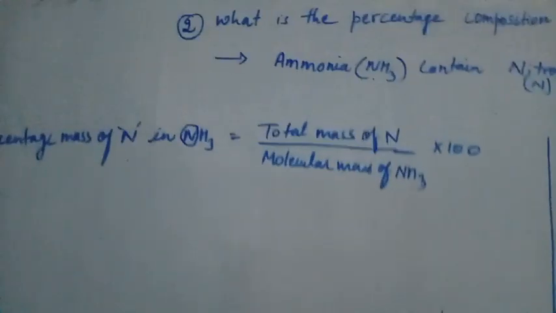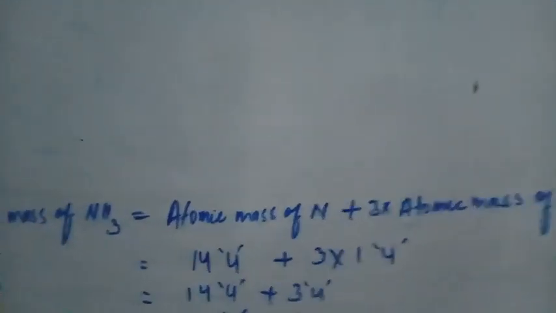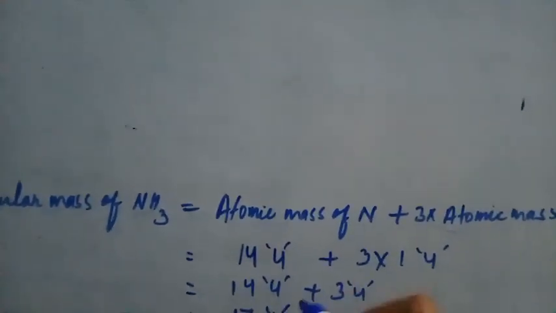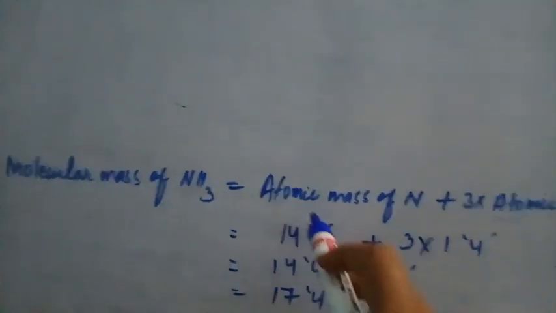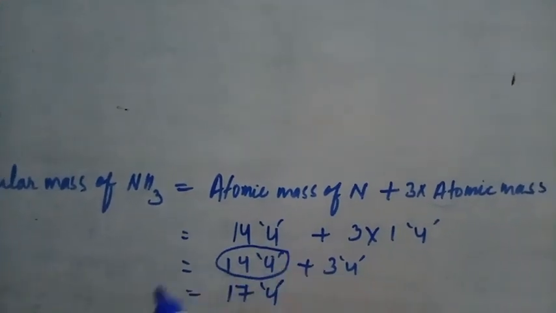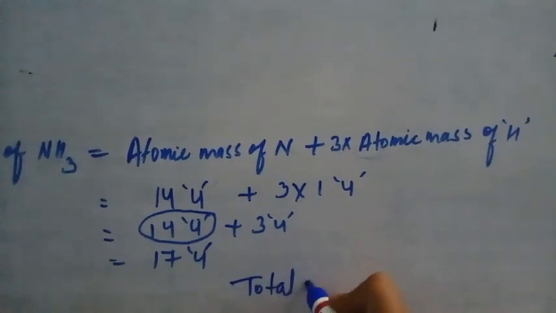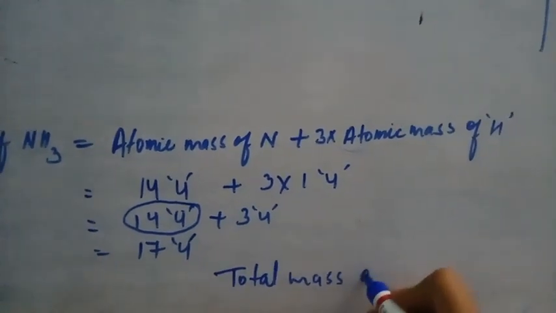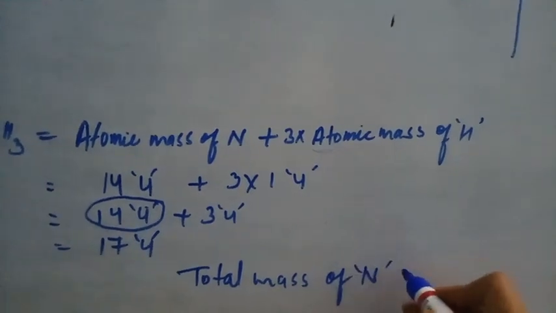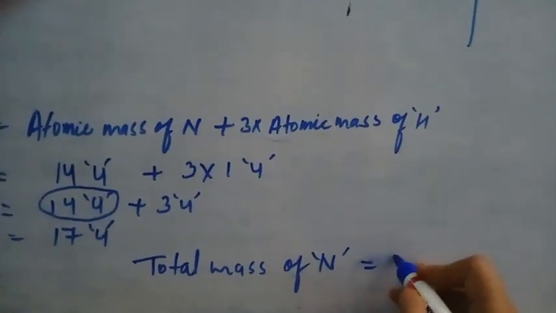Now we should also know the value of total mass of nitrogen. So what is the total mass of nitrogen here? We can see it is 14 u. So total mass of nitrogen in NH3 is equal to how much? 14 u.